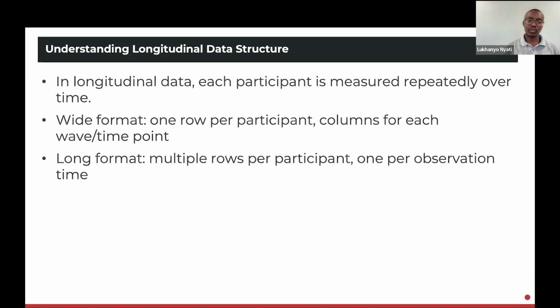And what that does is that you will have multiple rows for each individual. So if an individual has complete data for all 3 waves, each individual will have 3 rows. So individual 1 will occupy row 1, row 2, row 3, with the height variable only in whatever specified column it is in.